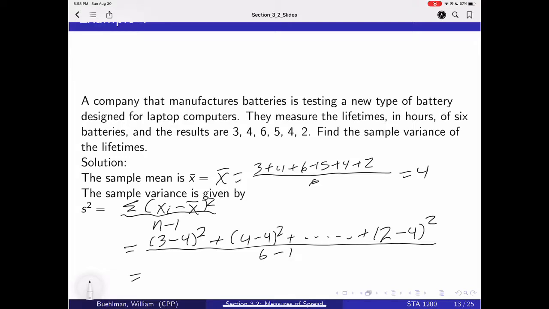When we do all that math, we get 10 on the top, 5 on the bottom, and 10 divided by 5 is 2. So our sample variance, which is s squared in this case, is 2.